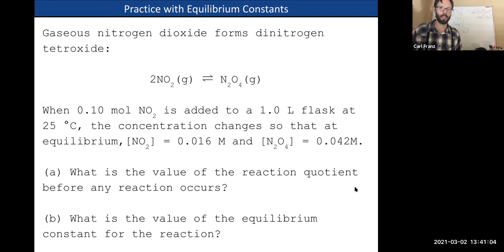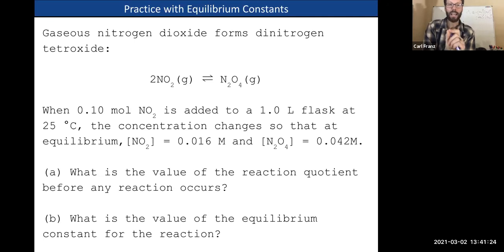So let's try this, okay? Gaseous nitrogen dioxide forms dinitrogen tetroxide. And this is a common reaction that we use in equilibria because it goes back and forth quite readily.